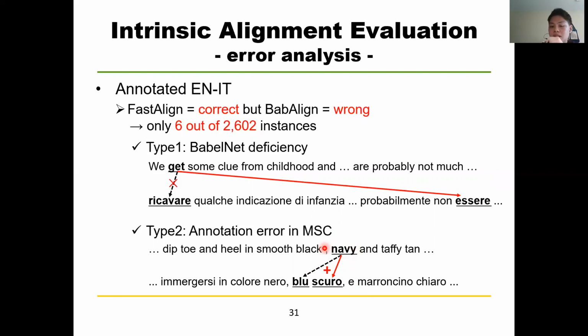However, in the gold alignment, the alignment is between navy and blu only. So our new alignment links are improperly treated as wrong alignment links. So this type of error indicates our potential use of BabAlign as a tokenization error correction for the data.